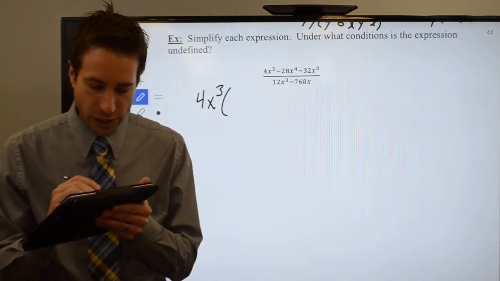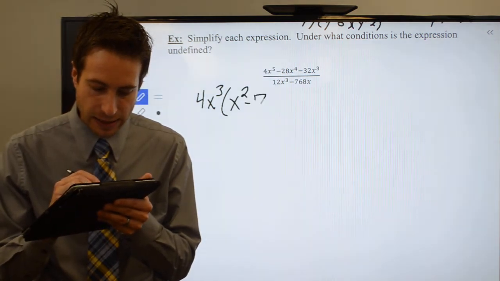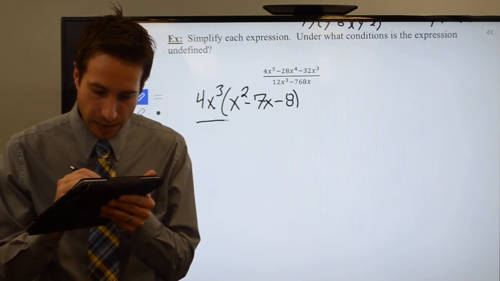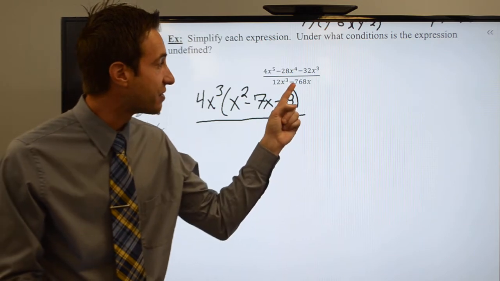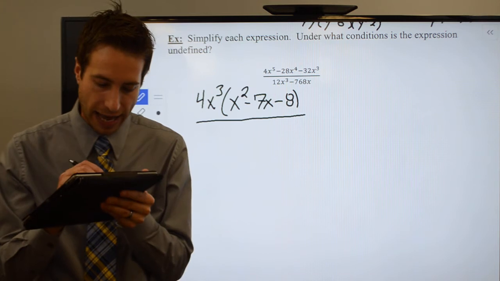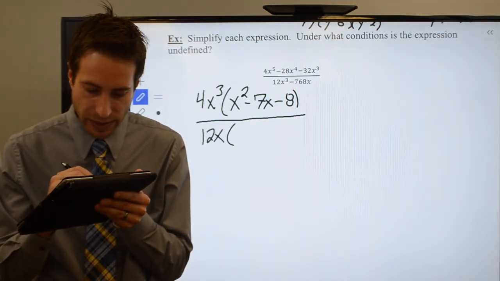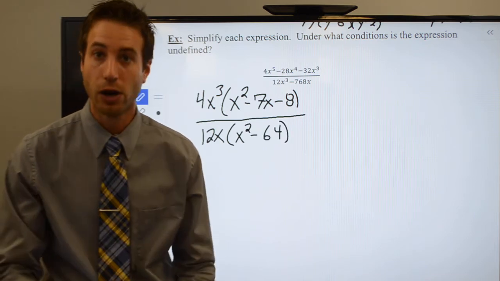When I pull out a 4x cubed, that's going to leave me with an x squared minus 7x minus 8. In the denominator, again, I have a 12x cubed and a negative 768x, from which I can pull out a 12x. That's going to leave me with an x squared minus 64.